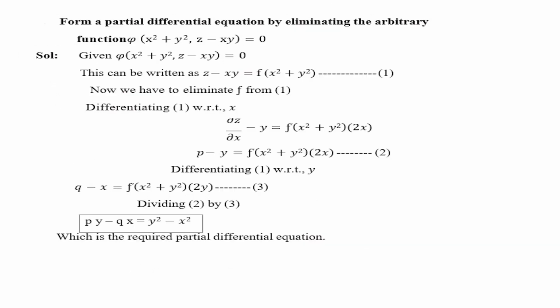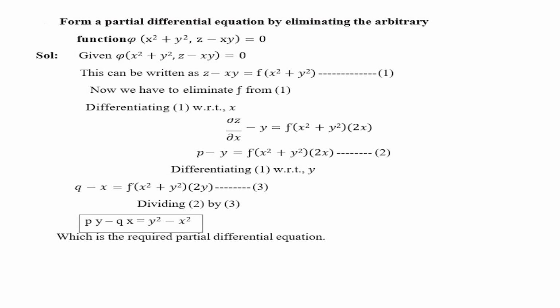Next we see one example problem for partial differential equation by eliminating the arbitrary function, that is phi of x square plus y square comma z minus xy equal to 0. This equation can be written as z minus xy equal to f of x square plus y square. In this equation we have to eliminate the function f.